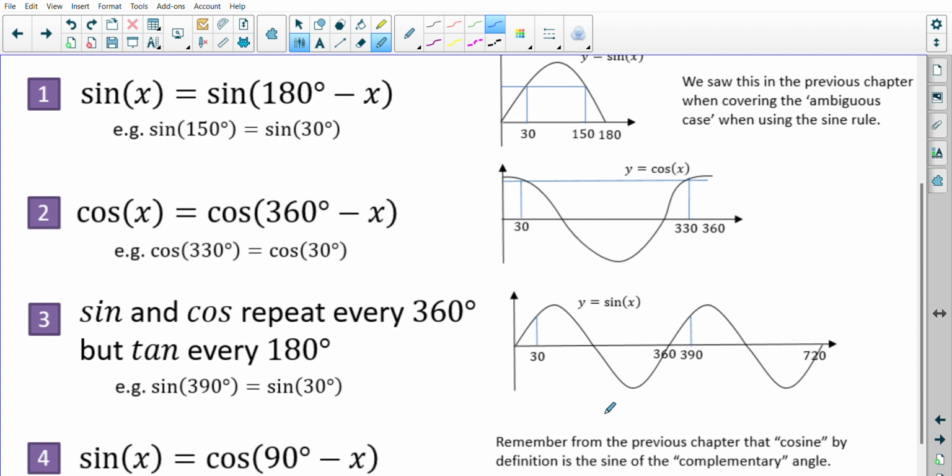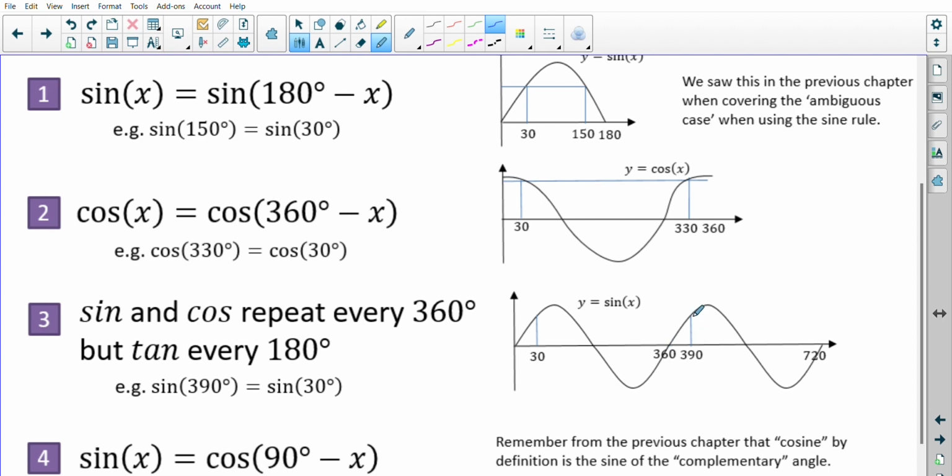The way we can find more solutions is by, let's look at the sine graph here. Above we saw that sine 30 is a half, sine 150 is a half, but if I add 30 degrees on to 360, I get 390.